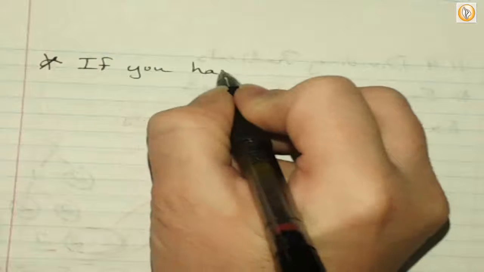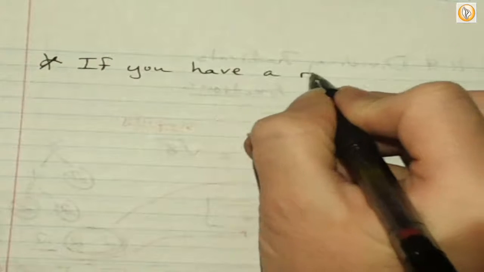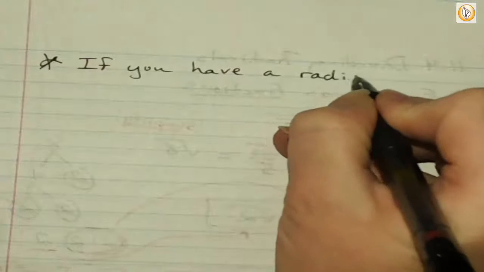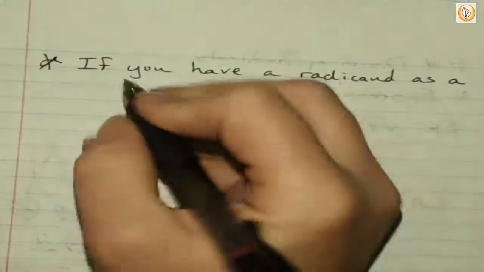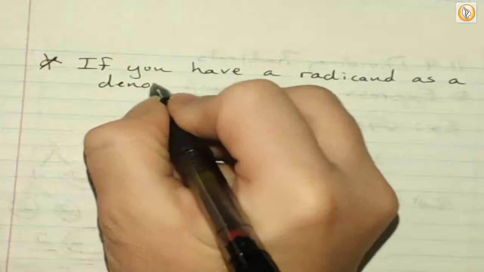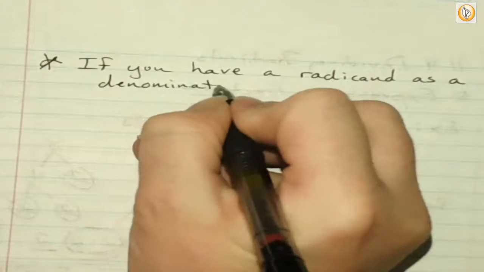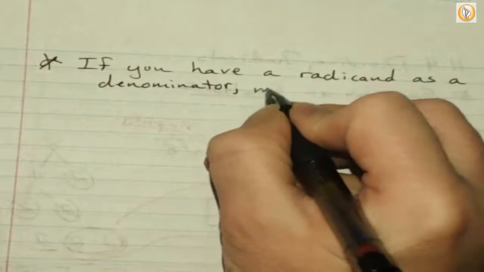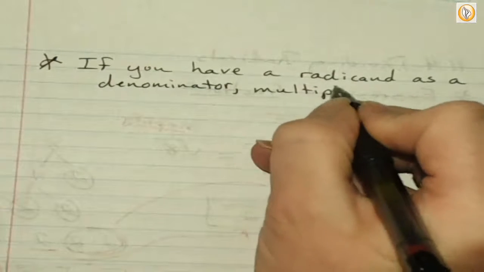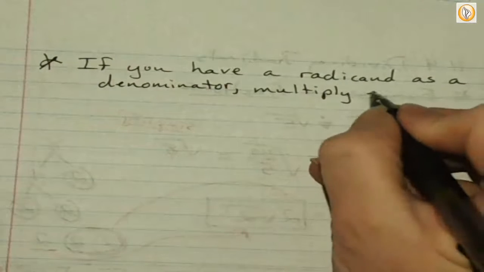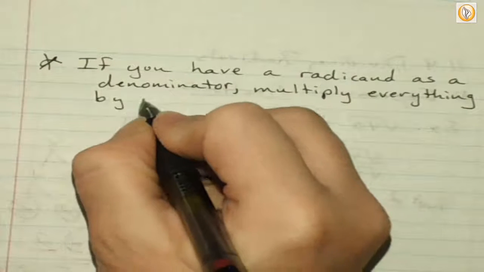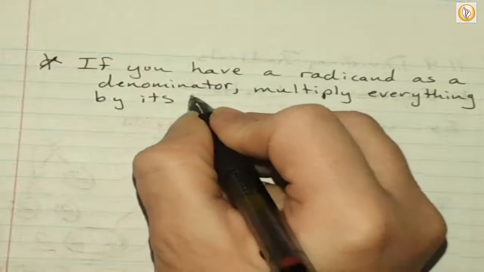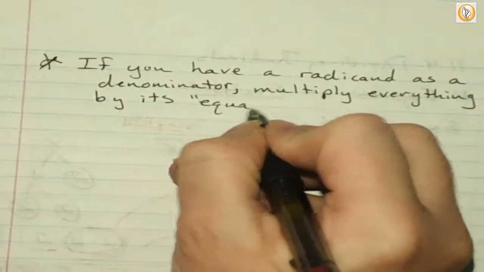If you have a radicand as a denominator, multiply everything by its equal. I'll show you what that means.